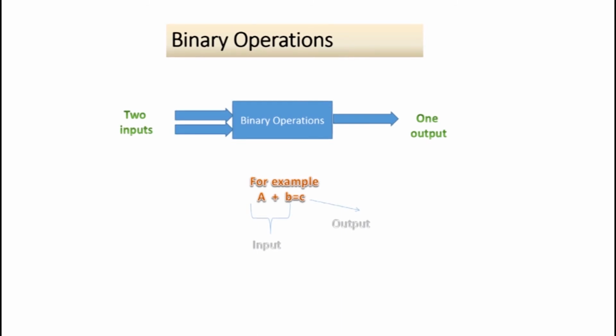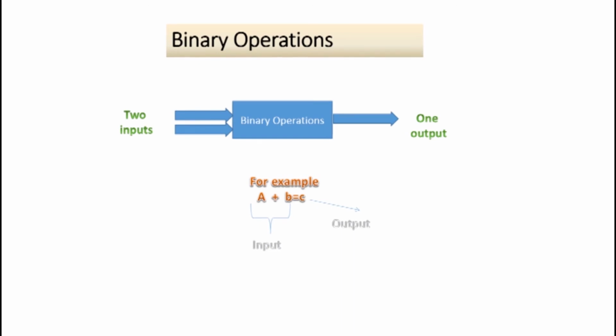It means two inputs are required for producing one output. For example, addition, subtraction, multiplication, division, etc. are the arithmetic binary operations performed on operands to produce results.